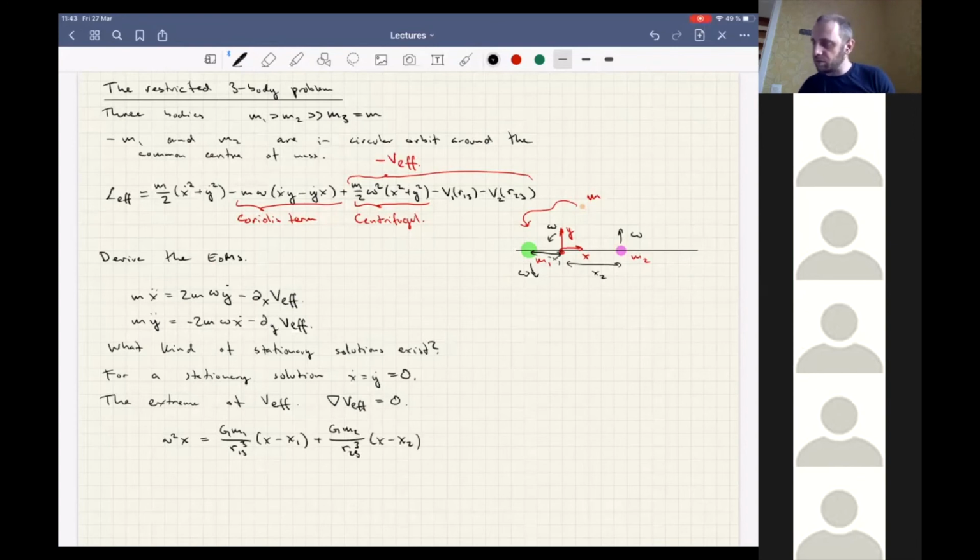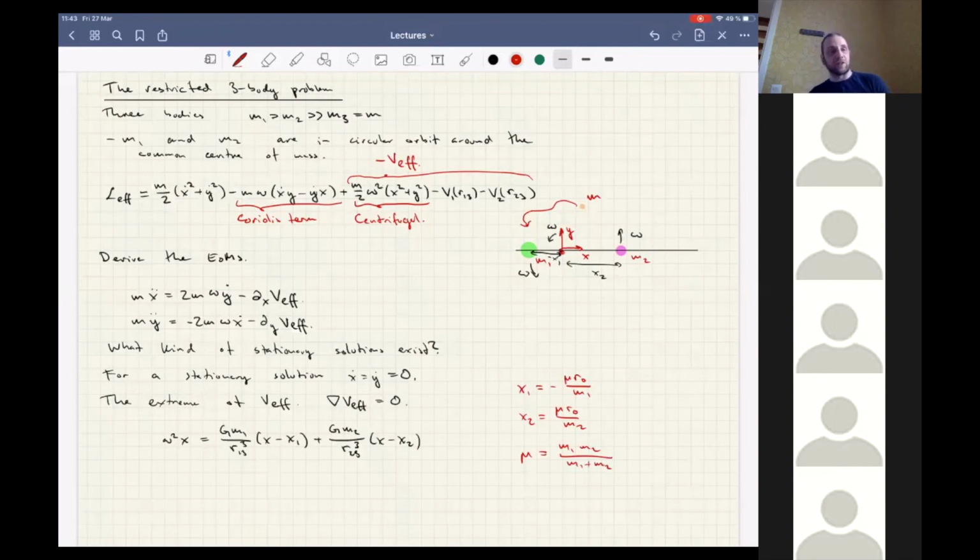And just for looking at what these x1 and x2 are, if you compute them, x1 is going to be minus mu r0 divided by m1, and x2 is going to be mu r0 divided by m2, and mu here is m1 m2 divided by m1 plus m2.